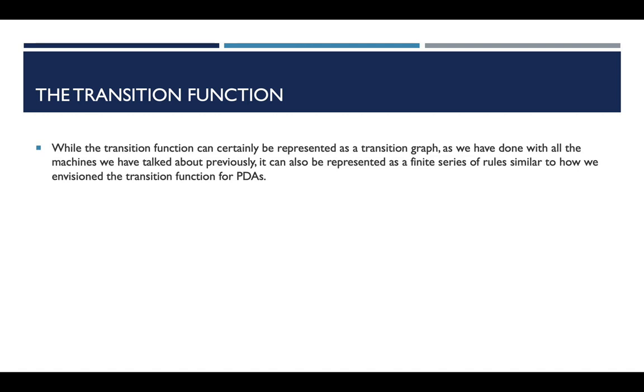So it is absolutely true that you can represent the transition function of the Turing machine as a transition graph. We could go back to the slides from the last video and update them, and instead of using words to represent what the states meant, we could draw a finite state machine.